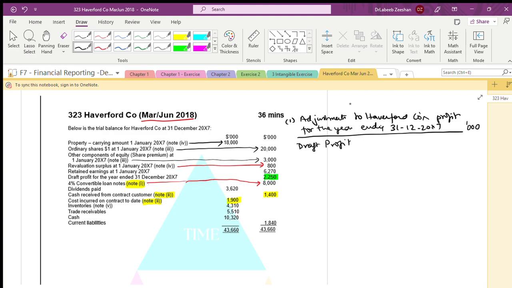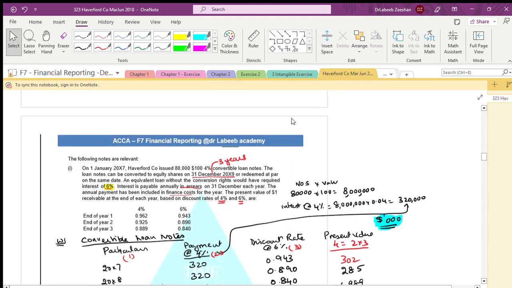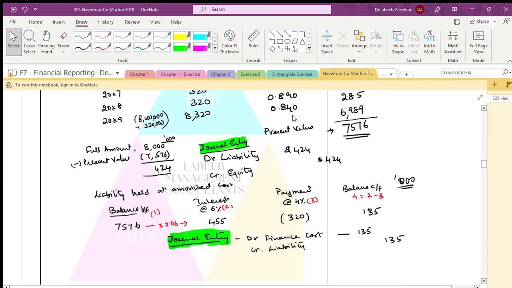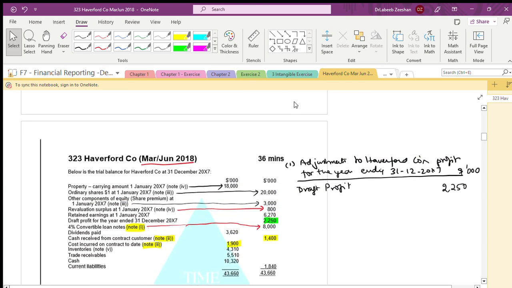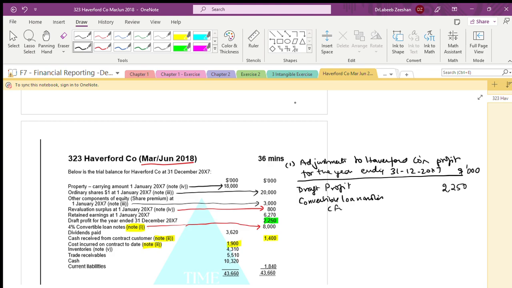Next, we have to pay interest as per the finance cost on the convertible loan notes, which is working 1: 135, deducted.